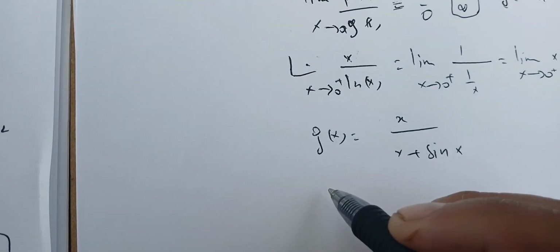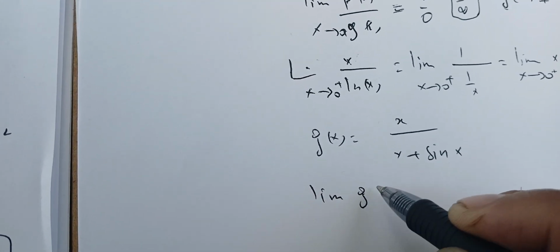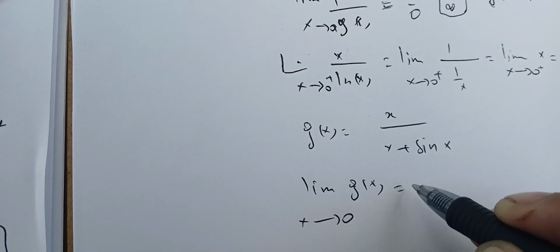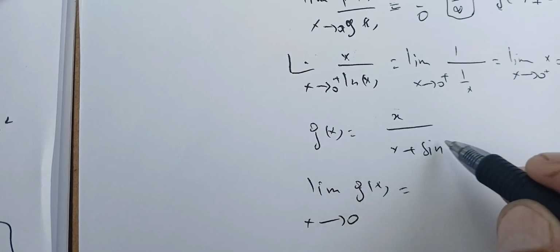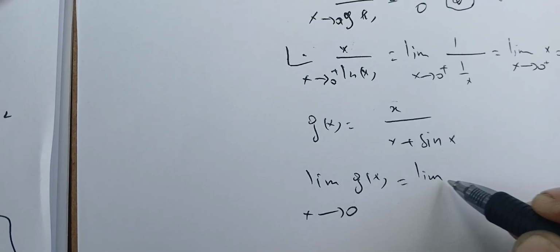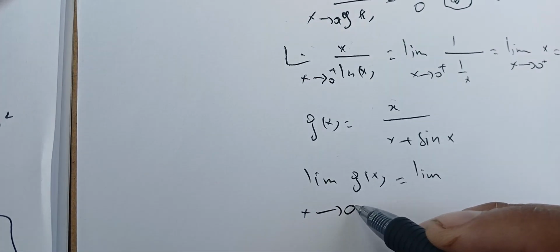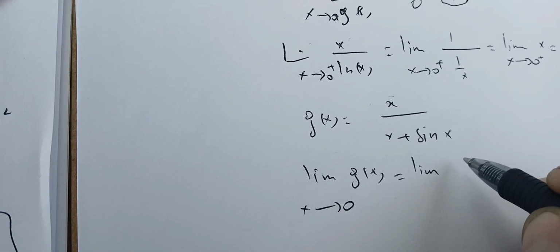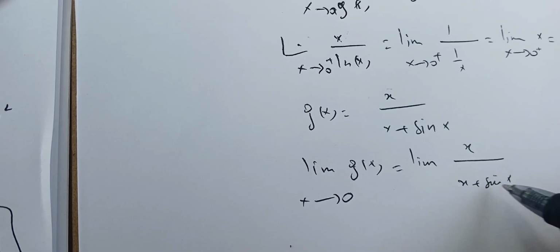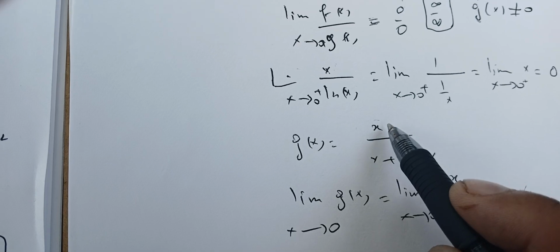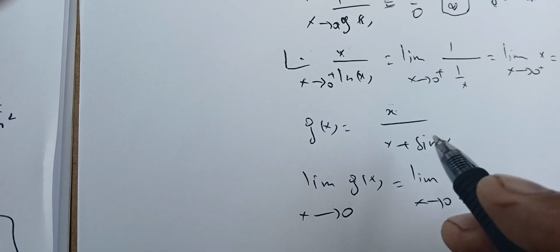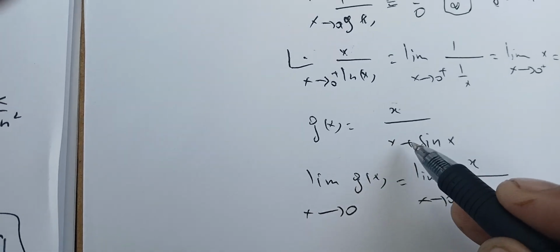Now we're trying to evaluate the limit as x goes to 0. The limit of x over x plus sine of x gives 0 over 0, so we can use L'Hopital's rule in this case.